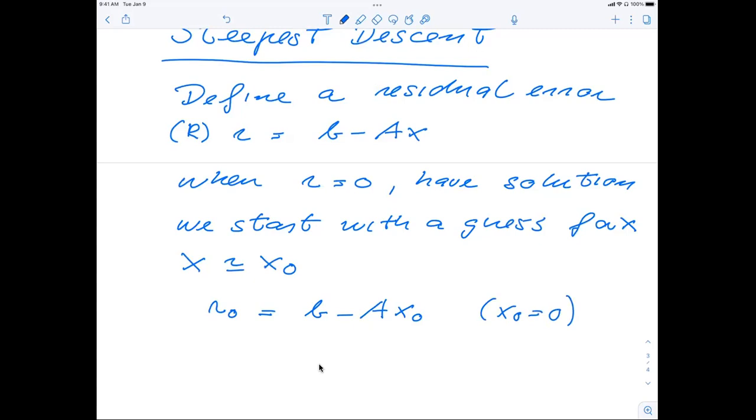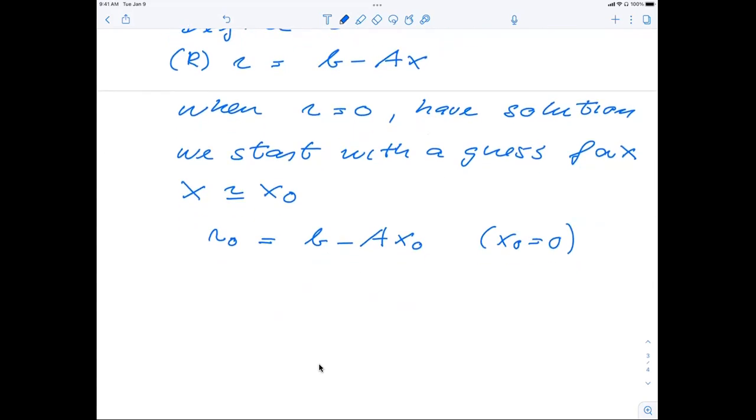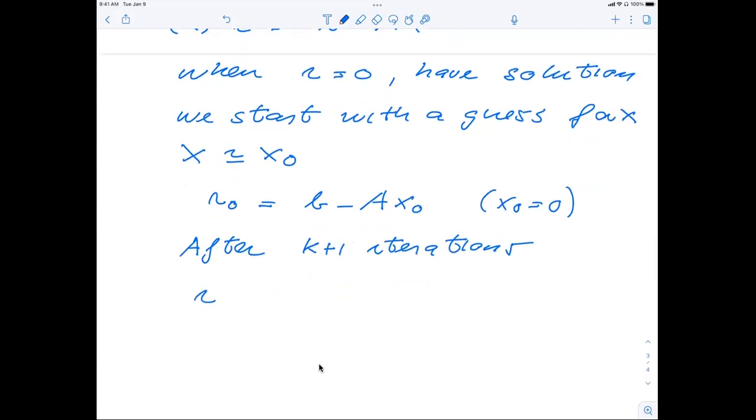Okay? Now, the kind of recipe we are going to get after k plus 1 iterations is an r of k plus 1, which is equal to b minus A times an x of k plus 1.